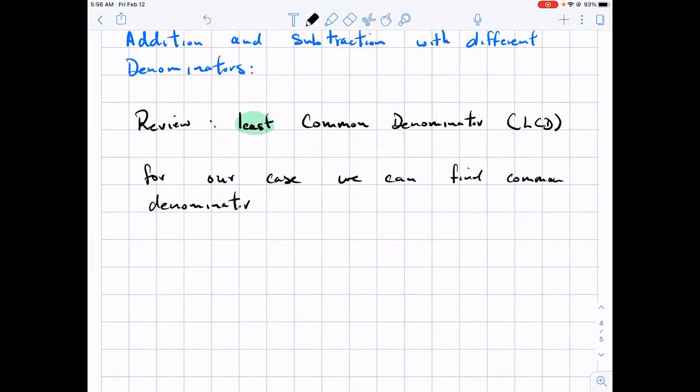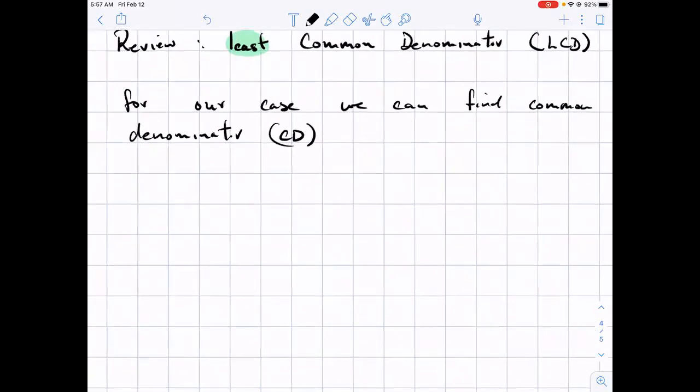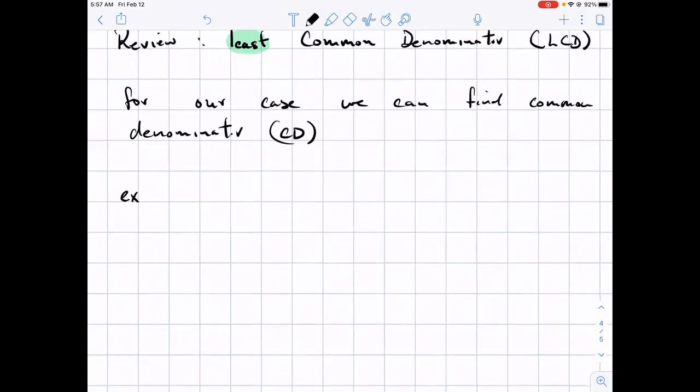It's okay if you find the least common denominator. We can just find a common denominator. So why am I telling you this? For example, if we have the two fractions, and I say add 2/3 plus 3/4.